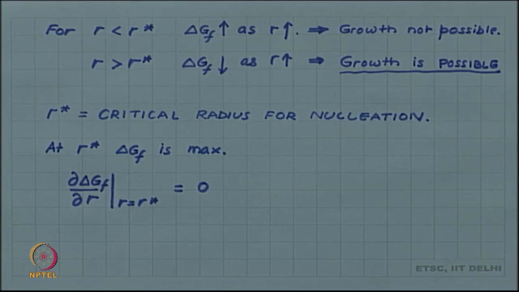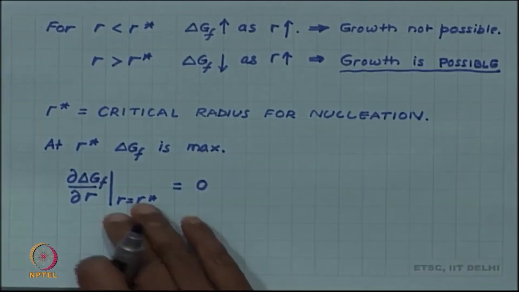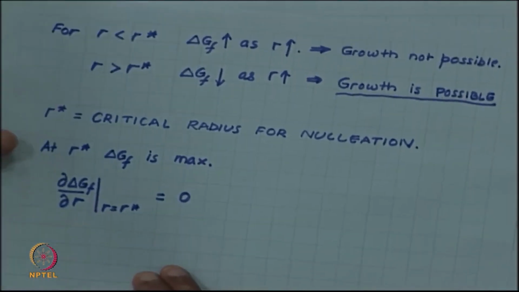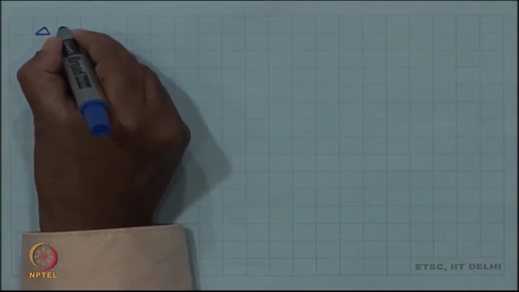So, if we start with our expression and differentiate it with respect to R, we can expect to find R star. So, let us do that.